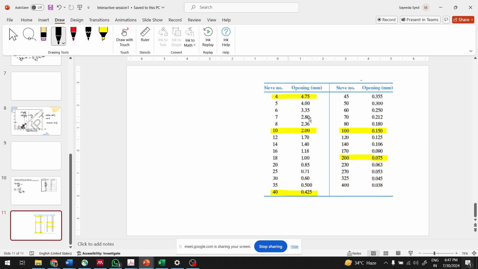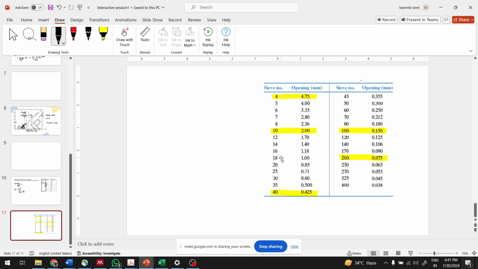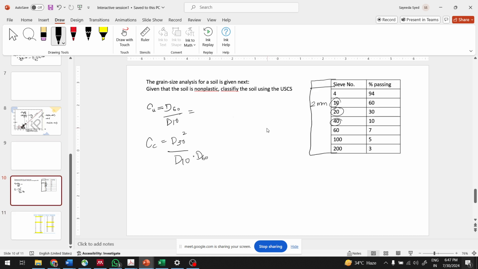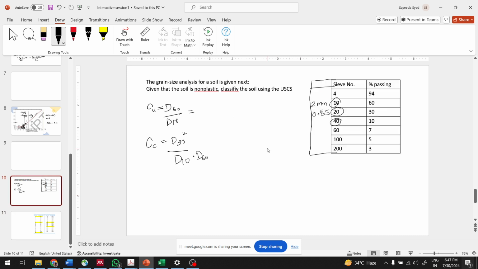Okay, so sieve number 10 is 2 mm, sieve number 20 is 0.85 mm, and sieve number 40 is 0.425. Okay, so our D60 is 2 mm and D10 is 0.425.